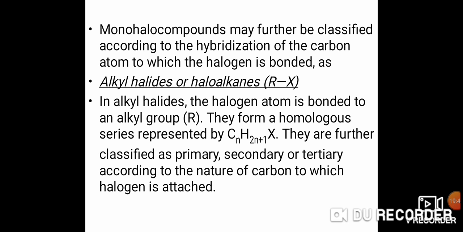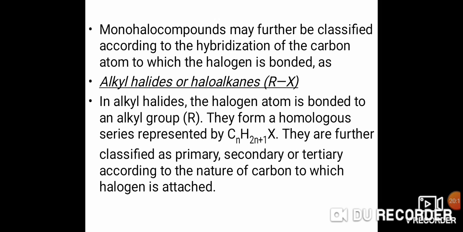So monohalo compounds may be further classified according to the hybridization of the carbon atom to which the halogen is attached. So alkyl halides or haloalkanes are generally represented by RX. In alkyl halides, the halogen atom is bonded to an alkyl group.